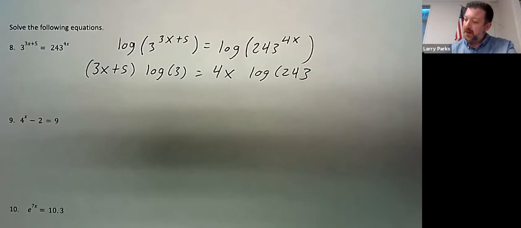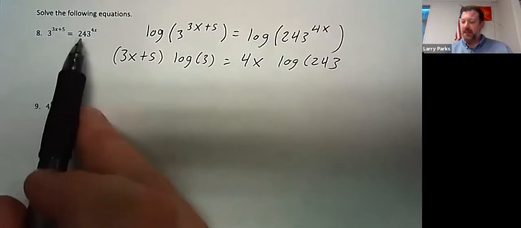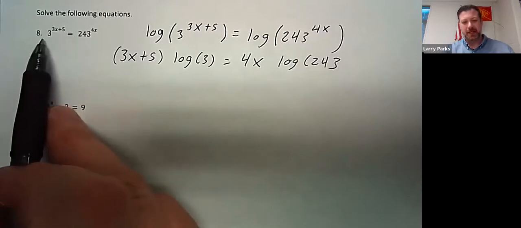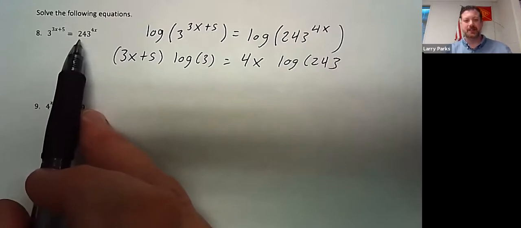Oh, now what? Oh, I'm making this way too hard. I'm sorry. I bet we could write 243 as the base of 3. 3 to the what power is 243? Let's go find out.